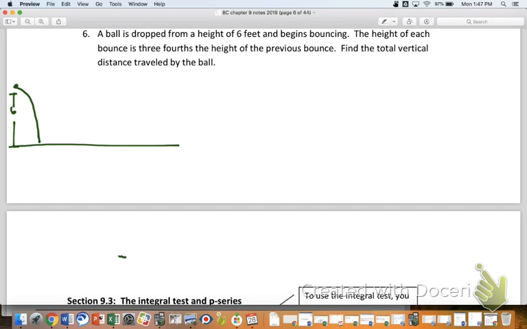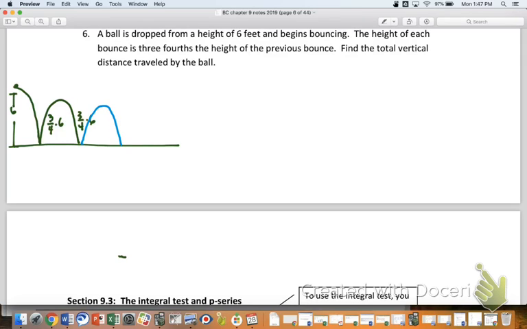And when it bounces back up, this distance here is going to be 3/4 of 6, and this distance here is going to be 3/4 of 6. That make sense?